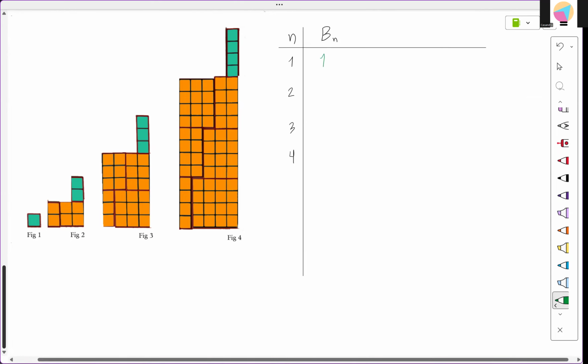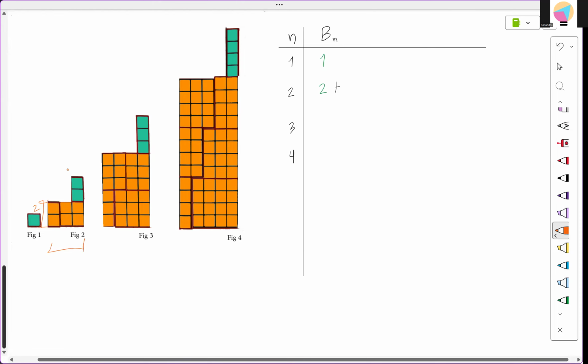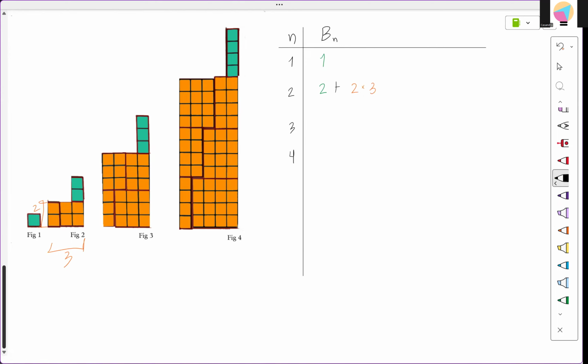Great. Moving on. I already have the green pen selected, so I'm going to do the green first. So for figure 2, I have these 2 green blocks, plus we've got, this is 2 rows tall and 3 columns wide. So that's 2 times 3 for the number of blocks in the second row.